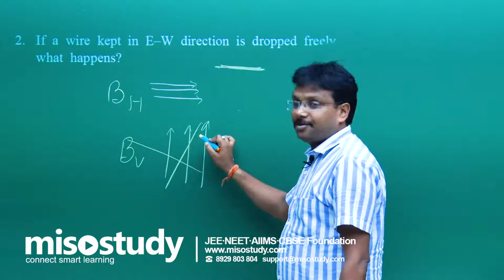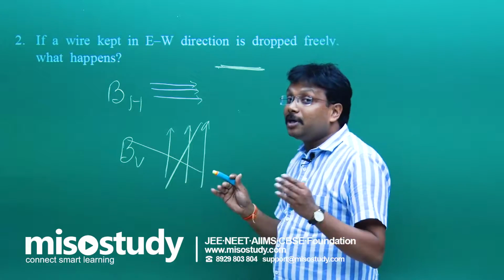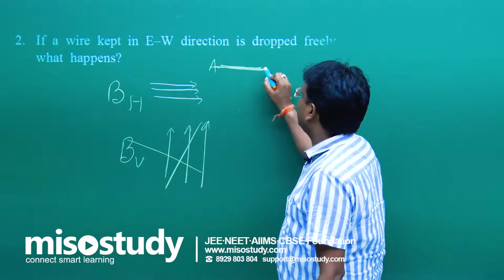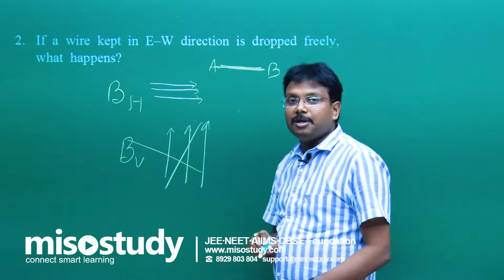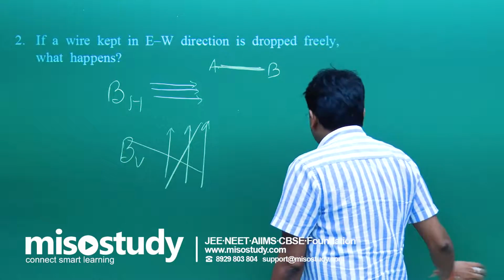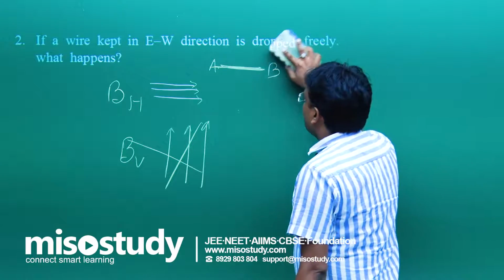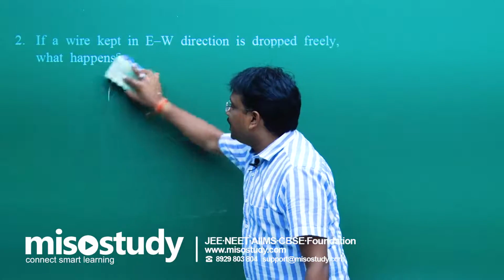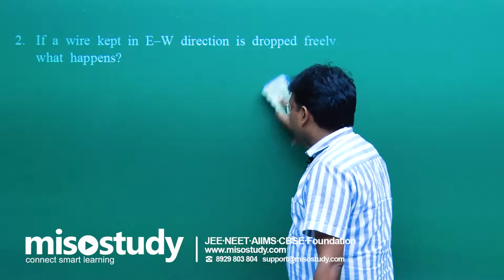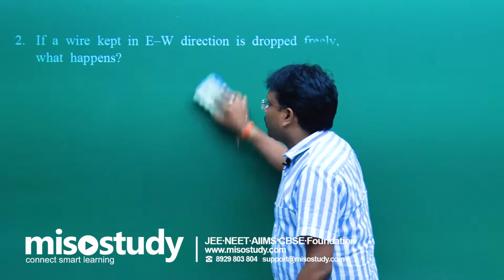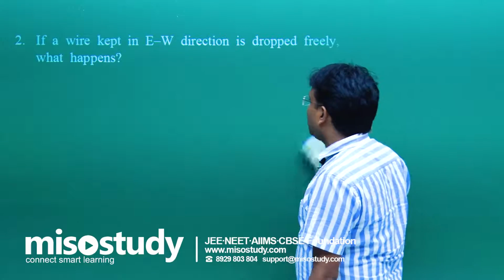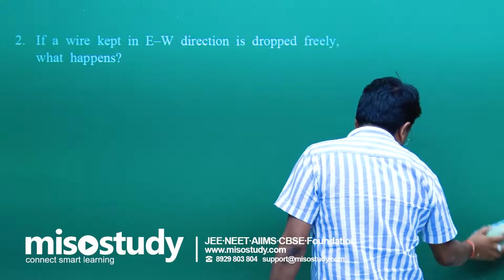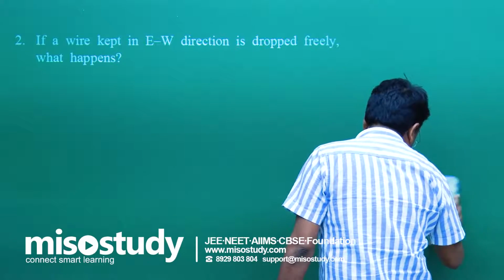Because of this reason, there will be a potential difference at the two ends of the wire, let us say wire end A, wire end B, fine. So, your answer should be: when this wire starts falling freely, it will cut BH, that is the horizontal component of Earth's magnetic field, so an induced EMF will come into the picture, fine.